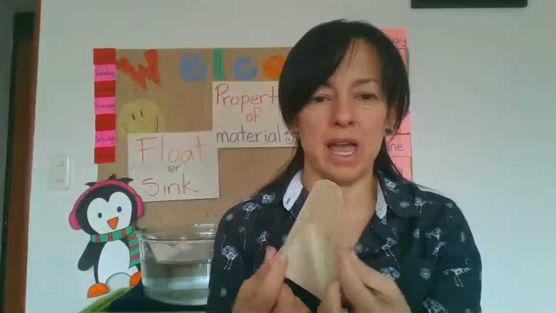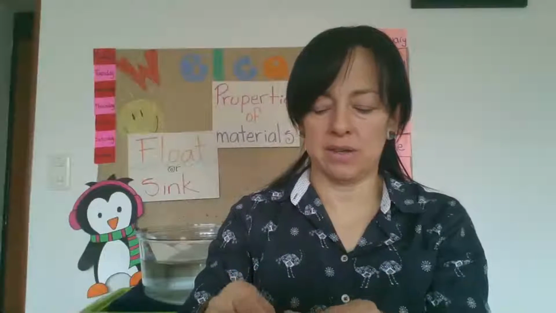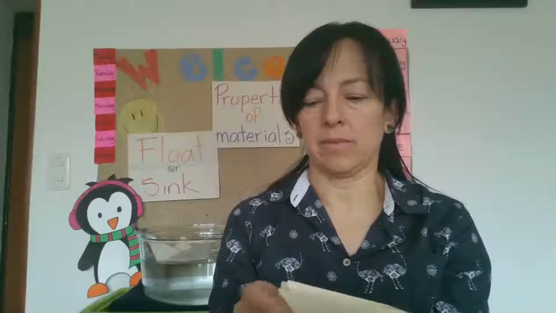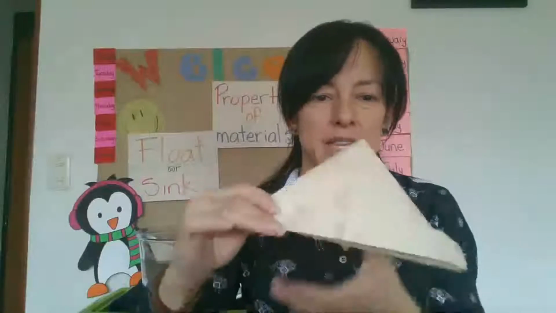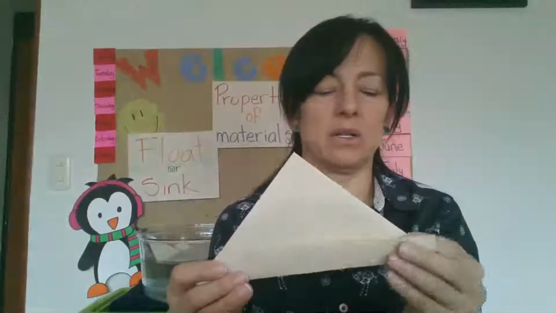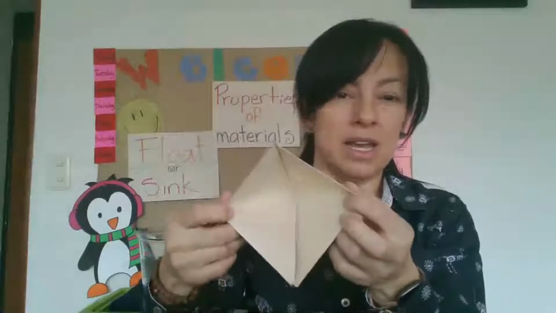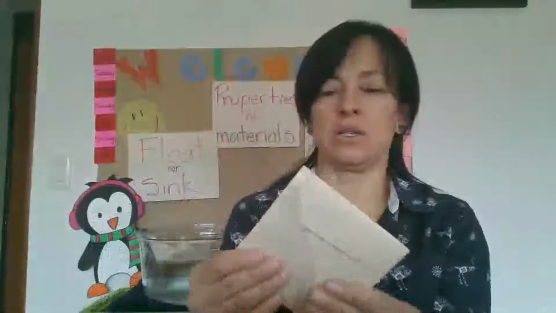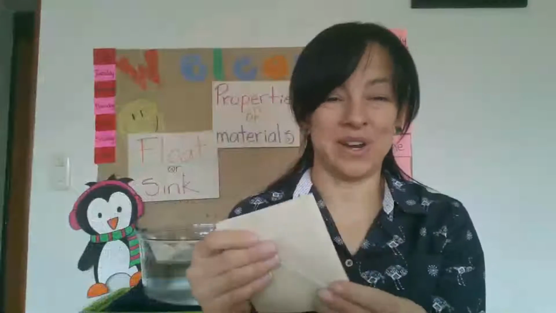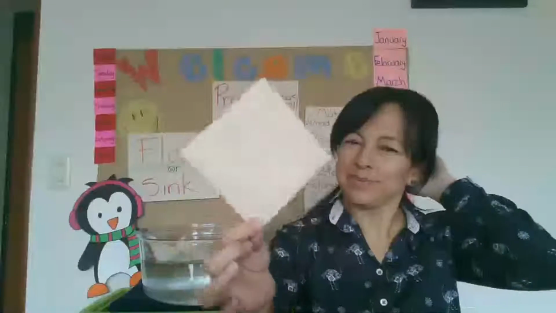Look, open and join the two opposite corners together. Like this. Got it? So I have this one. This is my triangle, right? I open and I join these two opposite corners together. Ready? So now I have a square.